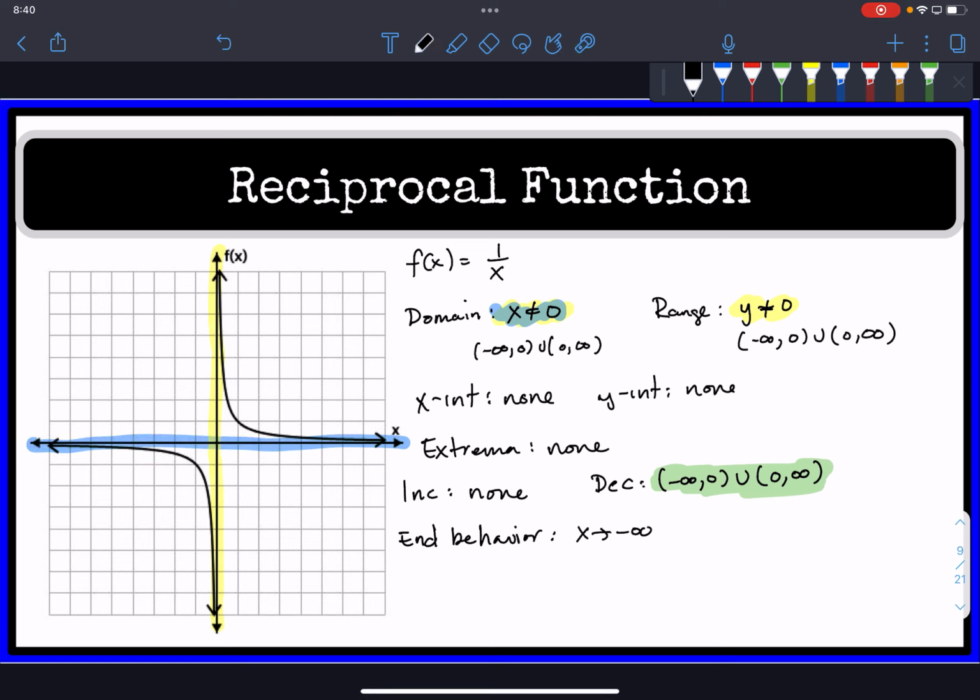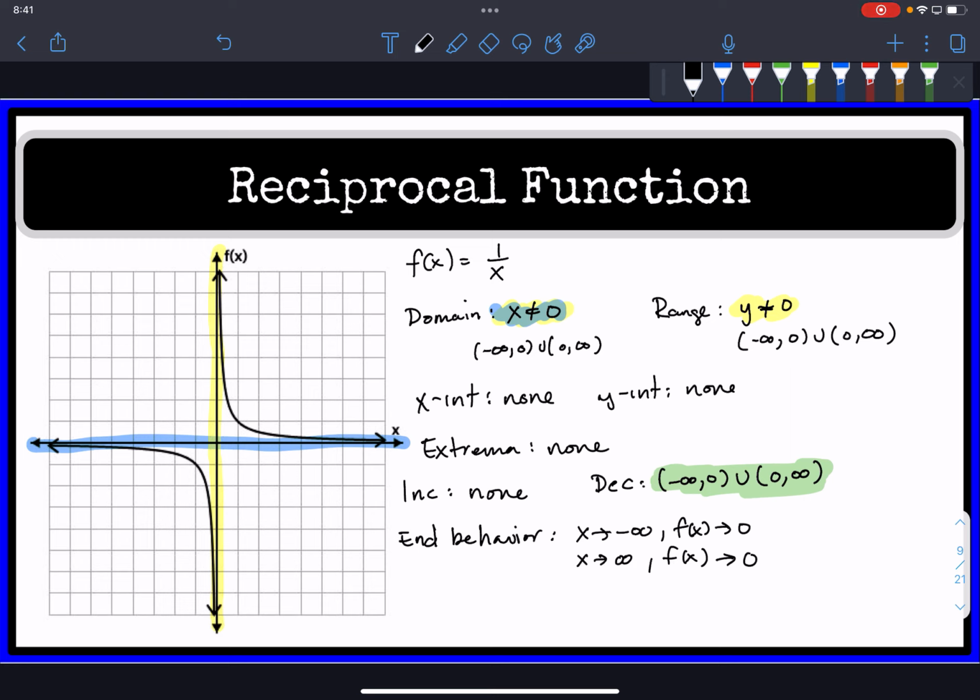So our function is approaching the value of 0. This blue line is y equals 0, so it's approaching the y value of 0. And as x approaches positive infinity to the right, it is doing the exact same thing. It's approaching 0 because it is bounded by that horizontal asymptote.